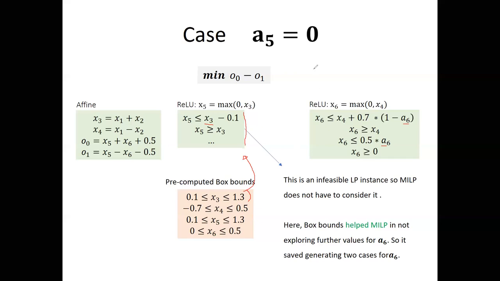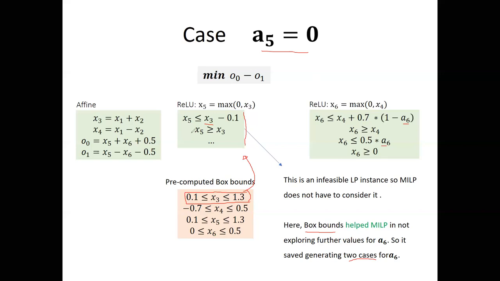So this branch, where A5 is equal to 0, we don't have to consider. Here the box bounds help: we don't have to explore further the values of A6. We don't care what the values of A6 are because the whole thing is unsatisfiable, so we are not even going to generate these two cases for A6. I'm just going to stop and consider instead the case when A5 is not 0, but 1. So here's how the box bounds help you.